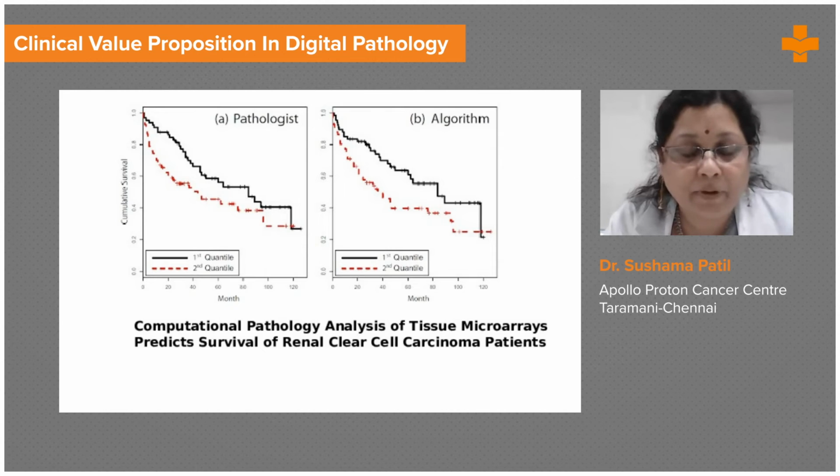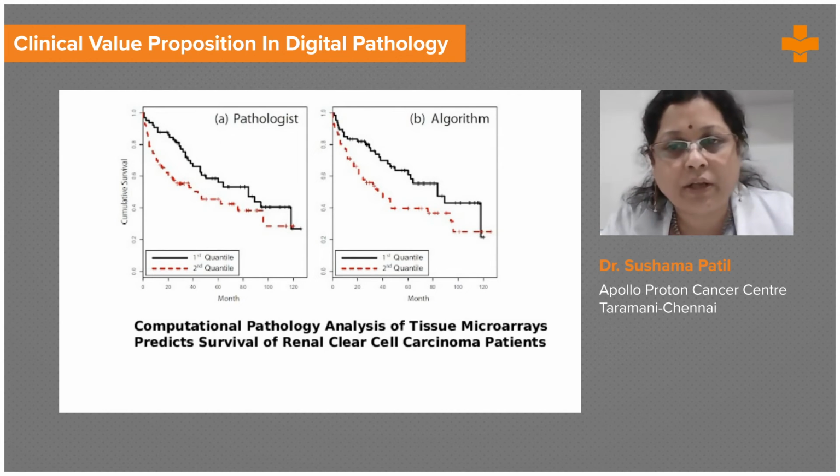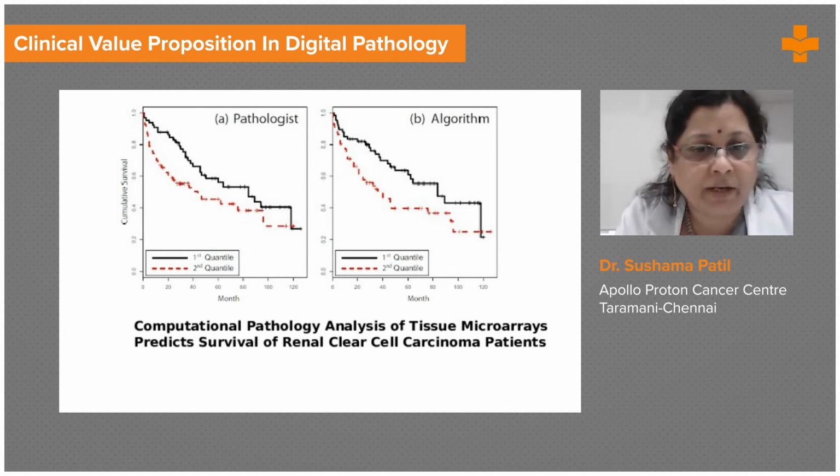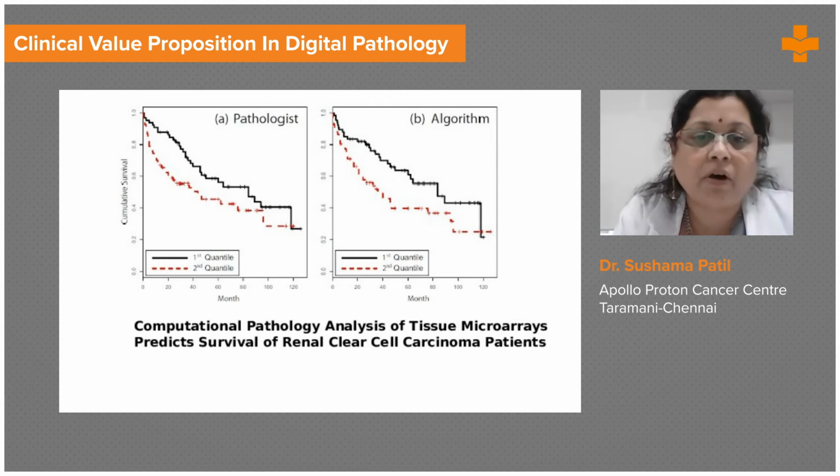So what are the applications now? We have the algorithms, and what can we do with them? There are myriads of applications, and a lot of papers are coming out right now in digital pathology journals. One example I have given here is that computational pathology can be used in analysis of tissue microarrays to predict renal cell carcinoma survival in patients. On the left hand side is the survival graph, or the prediction graph, by a pathologist.